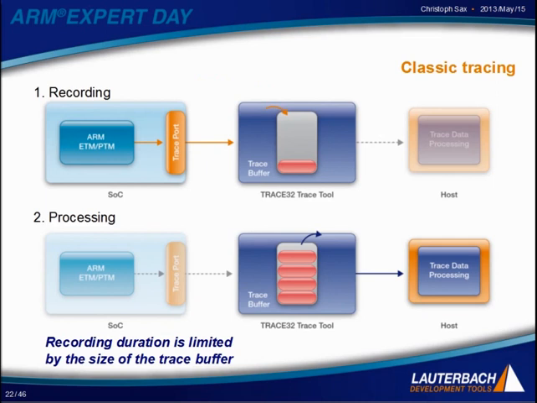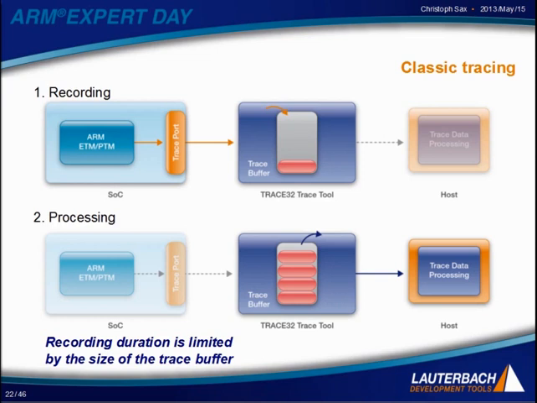We have here the overview for classic tracing. The basic procedure consists of two steps. We have the recording step and we have the processing step. During the recording step, the trace data is transferred to the trace buffer within the trace tool. And if the core execution is stopped or the trace buffer is completely filled, the execution has to be stopped and the recording step aborted to start the processing step.